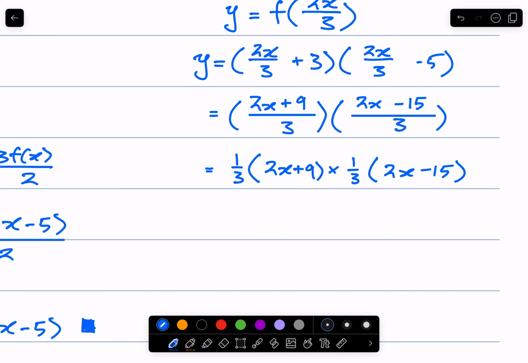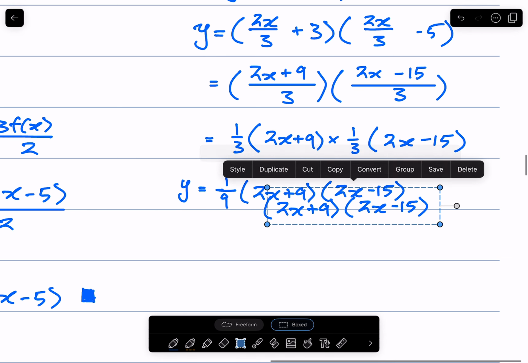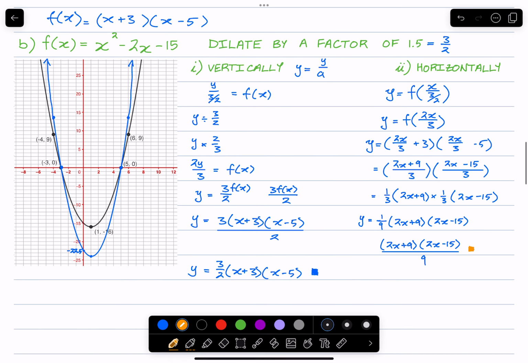Those two coefficients of the groups, those multiply to give us 1 over 9 times 2x plus 9, 2x minus 15. Or we could write this as all of this all over 9.